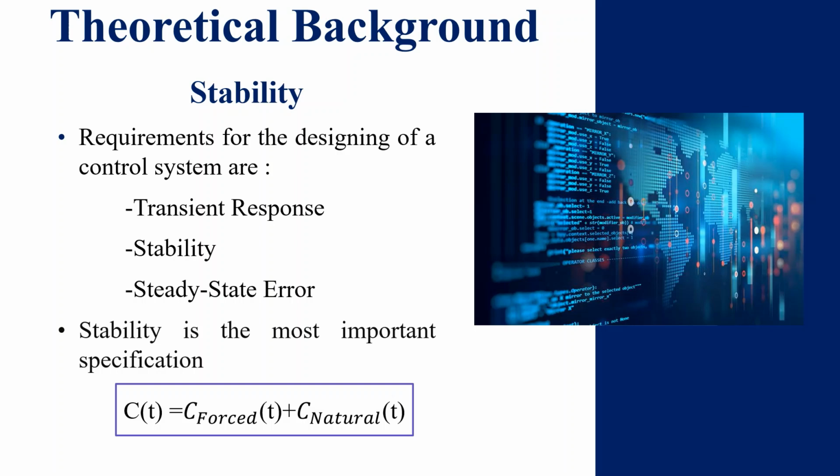see in the slide. The forced response is what the system does with the input turned on but with the initial conditions set to 0. The natural response is what the system does including the initial conditions but with the input suppressed.